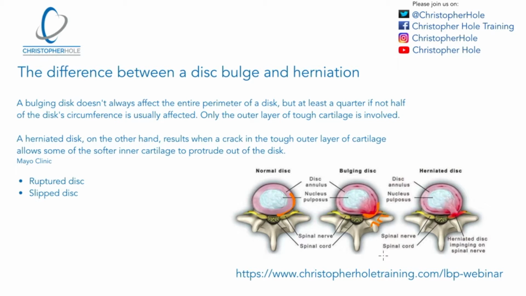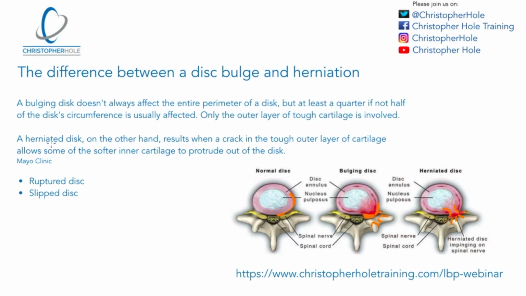Now, the difference between the bulge and the herniation is where this gel-like fluid comes out and through the wall of the disc. So here, the outer layers of the disc are still intact, but here it's bulging through onto the nerve, creating pain when it touches the nerve.